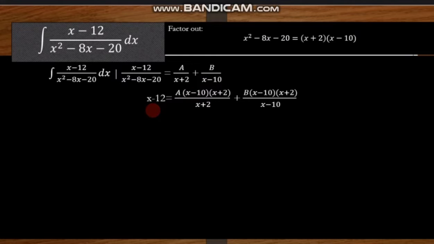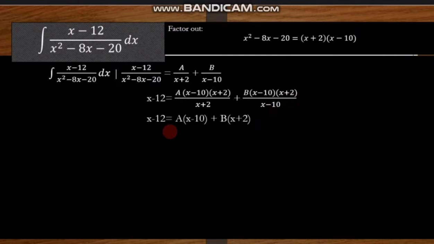So, the remaining will be x minus 12 is equal to A times x minus 10 times the quantity x plus 2 over x plus 2 plus B times the quantity x minus 10 and x plus 2 over x minus 10.